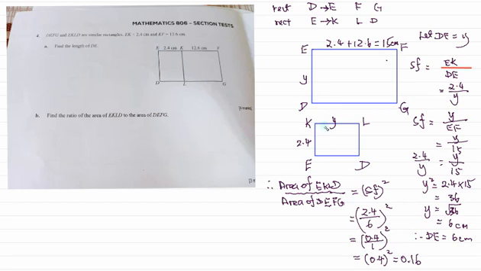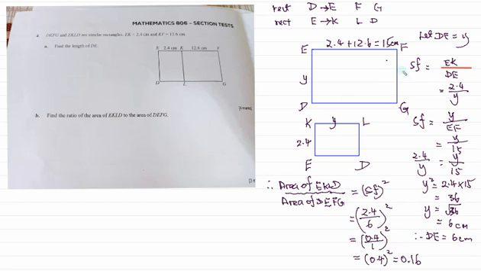This one corresponds with this, and this one corresponds with this. Now after that, you establish the scale factor based on this and this. KL and DE are the same length. If I define DE as Y, KL ends up as Y.